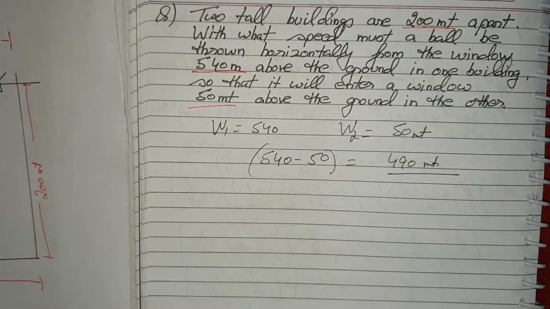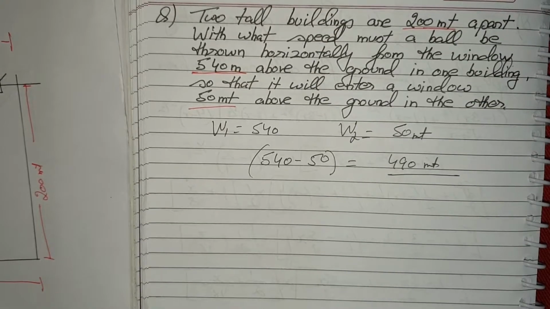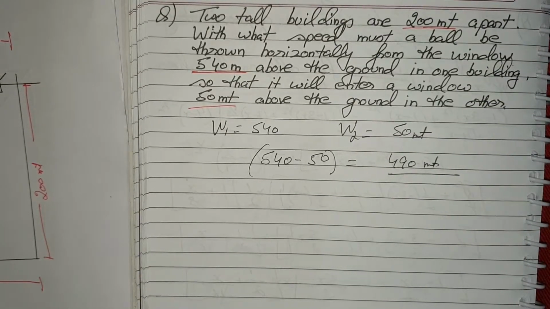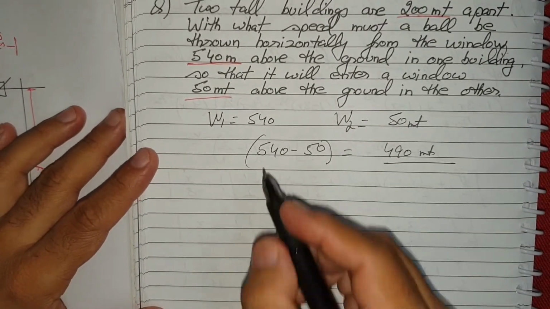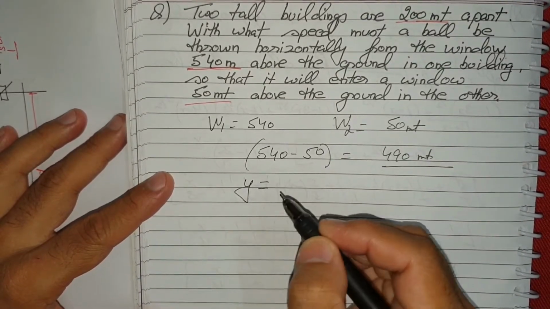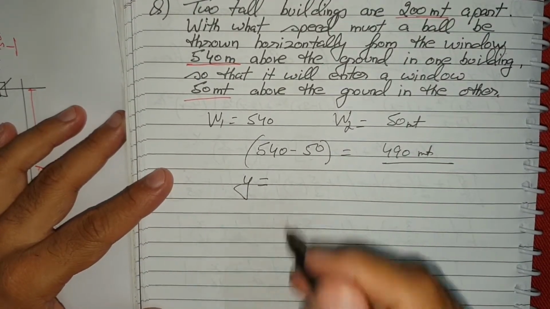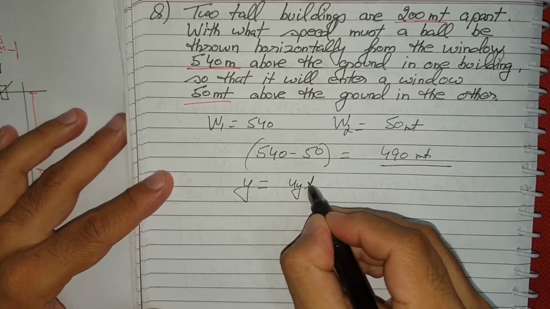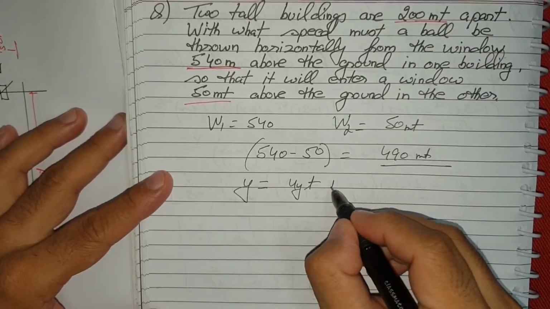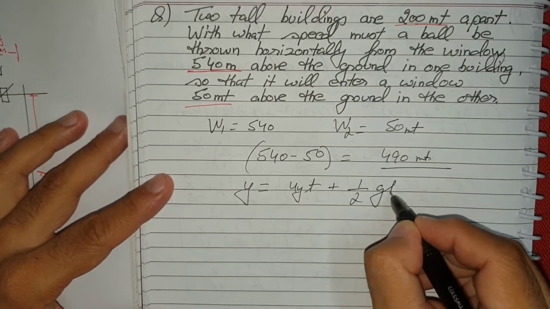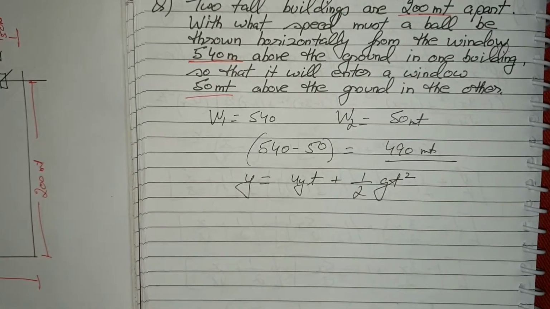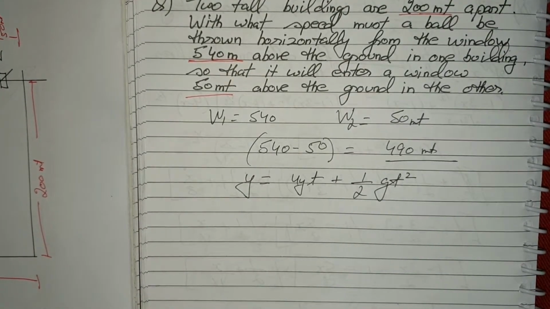Now again using the second equation of motion, s is ut plus half at square. You can use the vertical motion: y equals u_y t, which is 0 because the initial downward velocity is 0, plus half g t square, because it is going downward and we have taken the downward direction as positive, so g is positive.